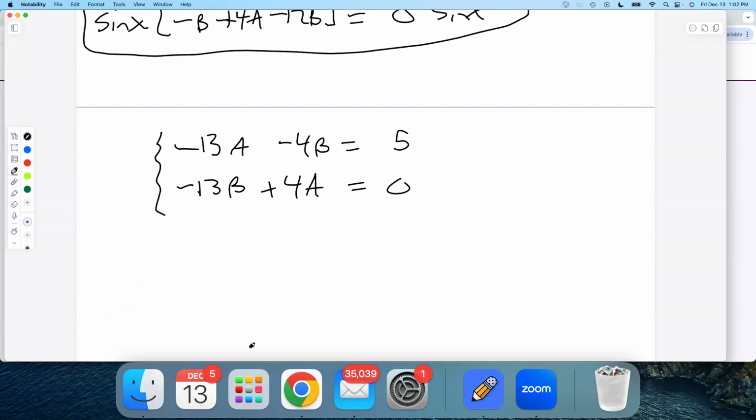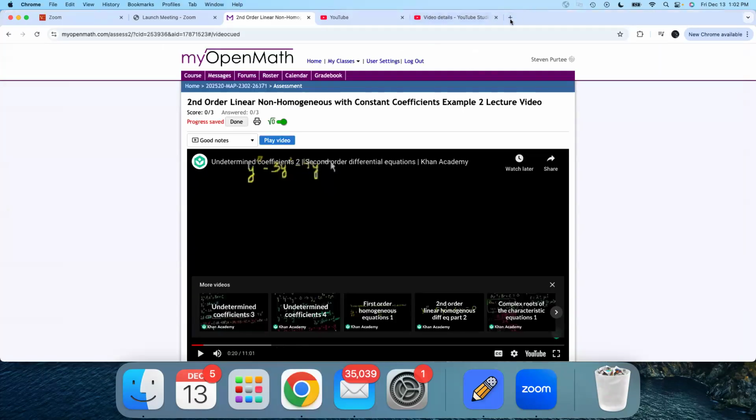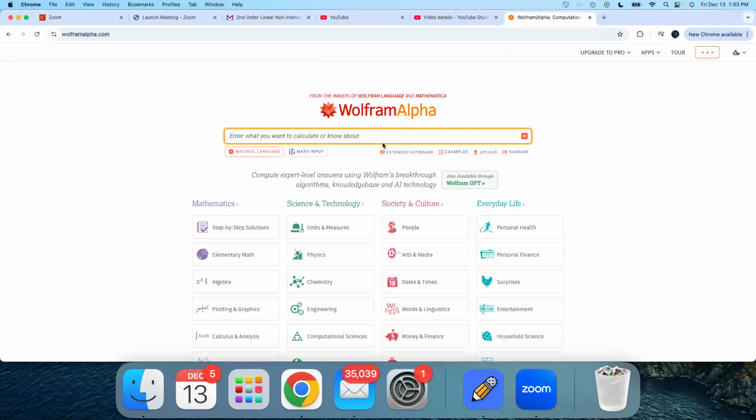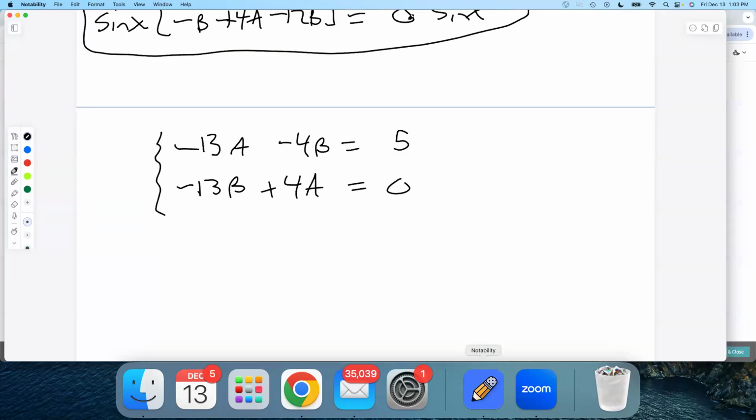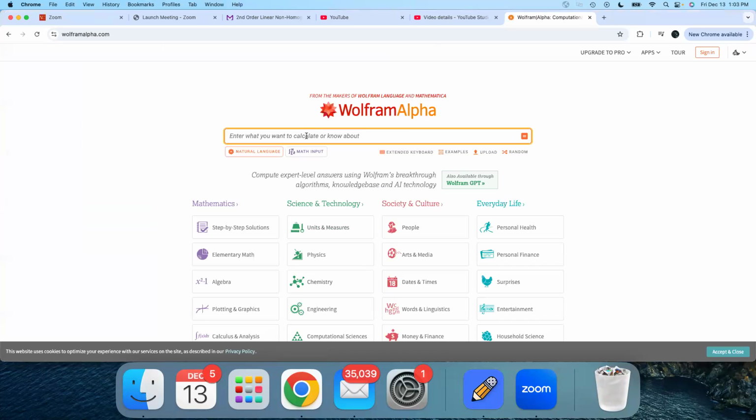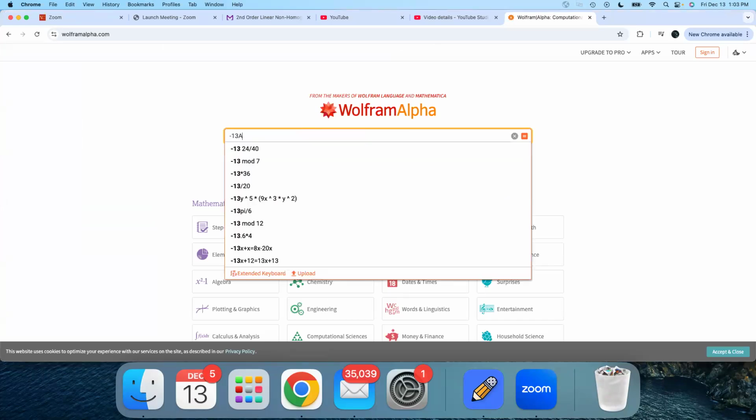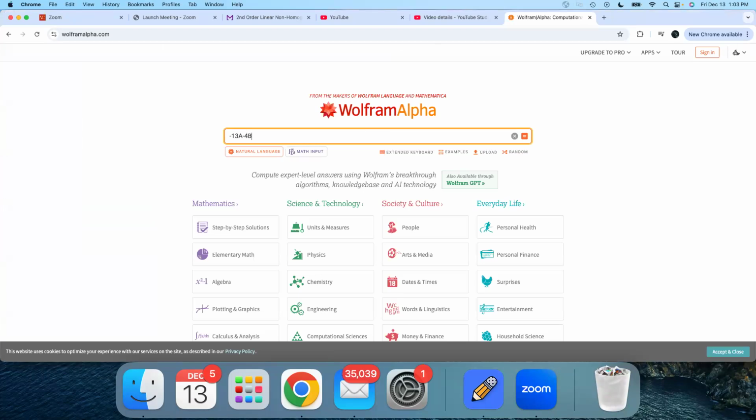But it's perfectly fine if we solve this using a matrix, if we solve this using an online system of equations solver. Like, it would be okay if I just went here, Wolfram Alpha. That's not going to work. Negative 13a minus 4b equals 5, comma.